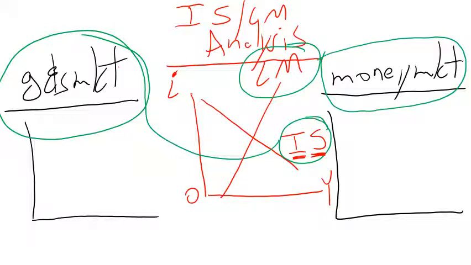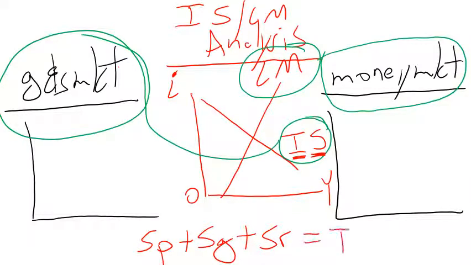S represents savings. You remember the equation from the savings portion of the course, where SP, private savings, plus SG, savings of the government, plus SR, savings of the foreigners, is equal to I, physical investments.